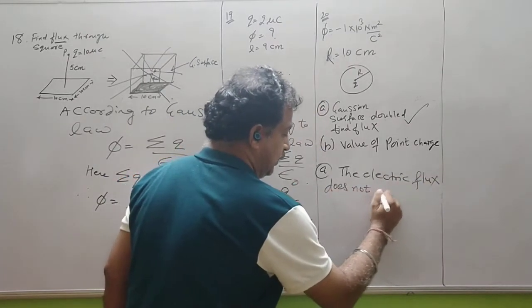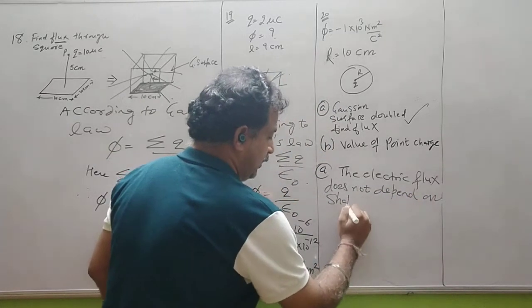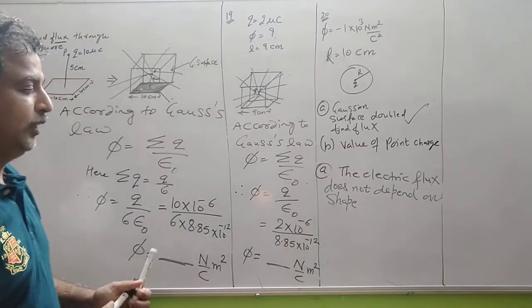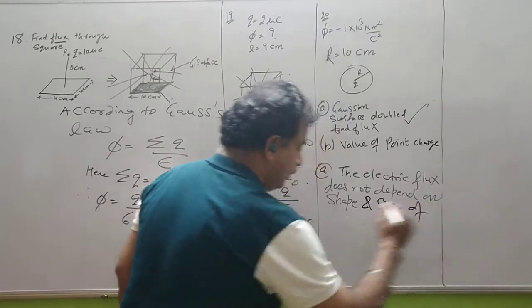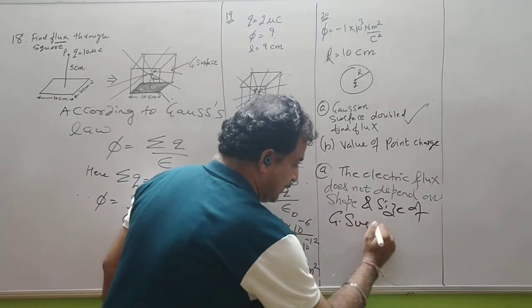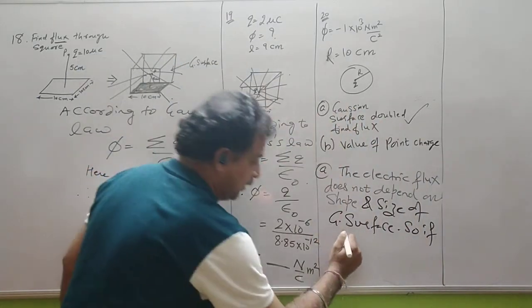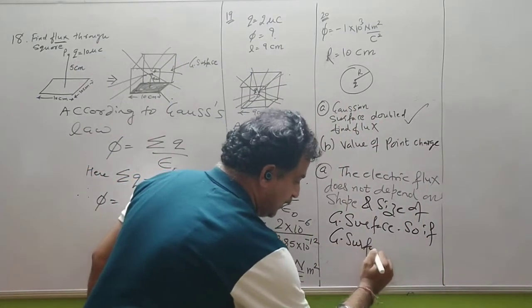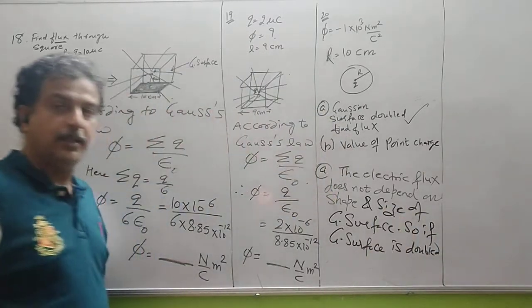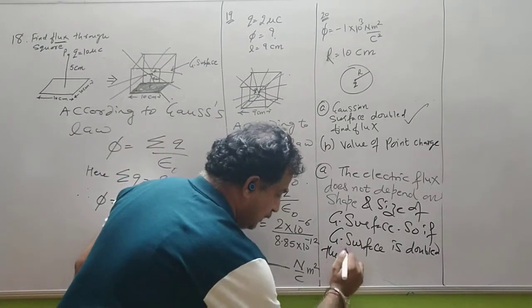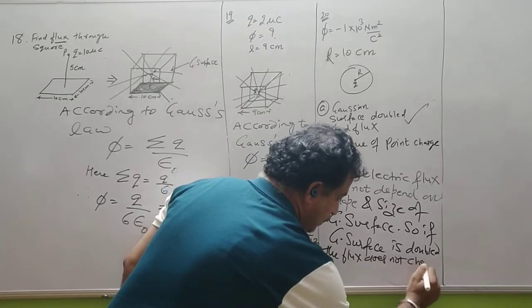So if the Gaussian surface is doubled, the flux does not change.